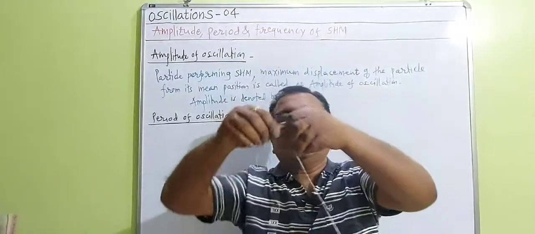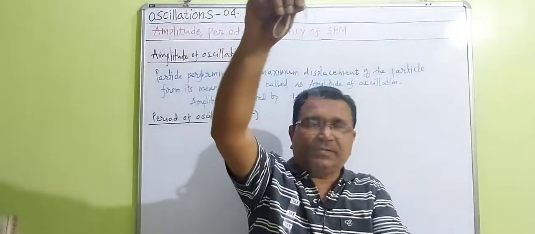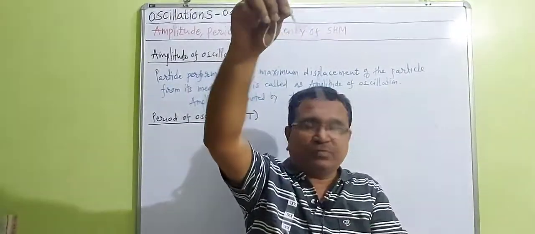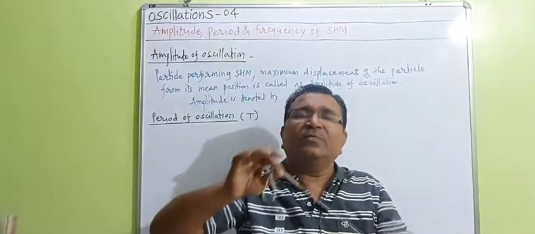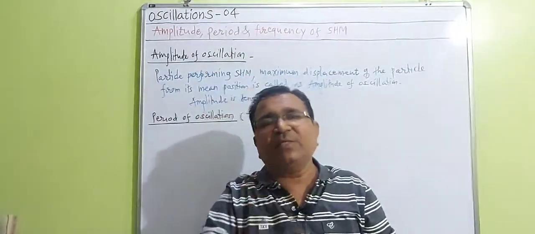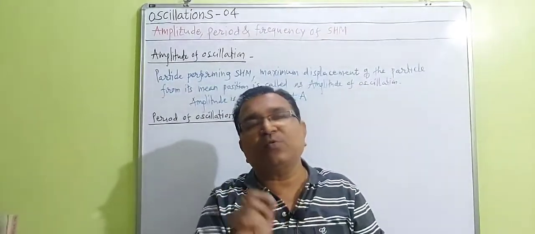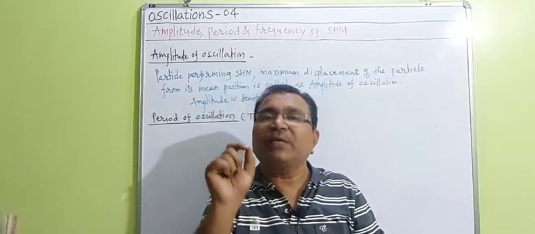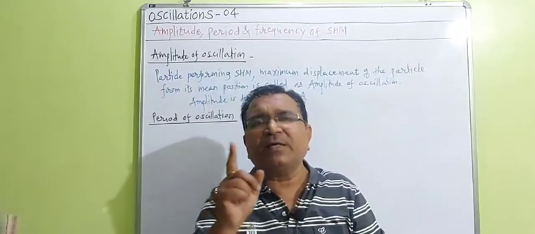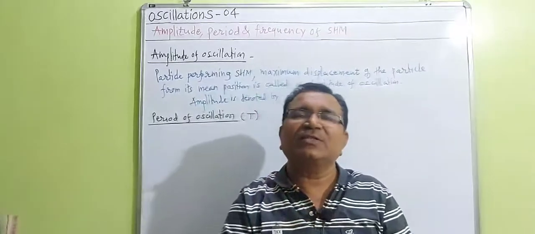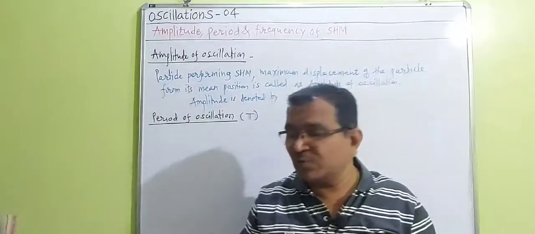Or oscillation may be measured like this: 1, 2, 3, 4, 5. By taking the extreme position we can measure oscillation, or by taking the mean position also. So the time required to complete every one oscillation we call the period of SHM or period of oscillation.